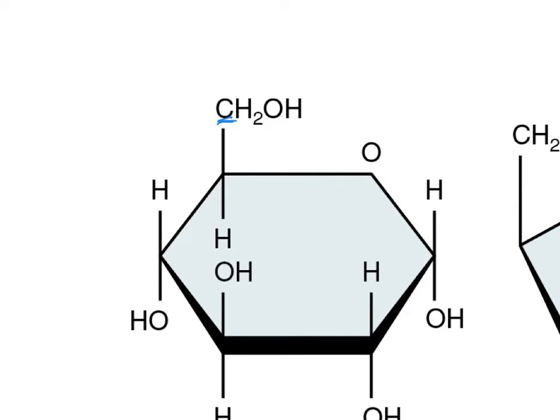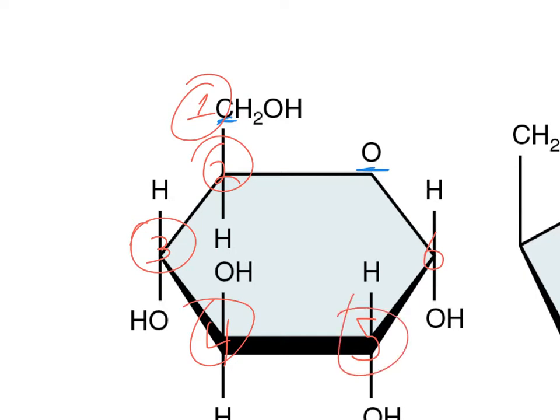So let's label how many carbons we have. 1, 2, 3, 4, 5, 6. Why not here? Because it's got an oxygen right there. So how many carbons does this one have? 6, right?